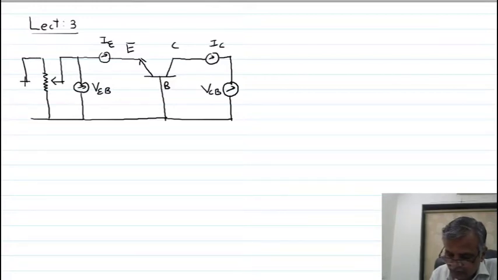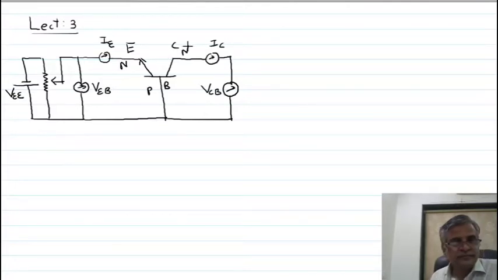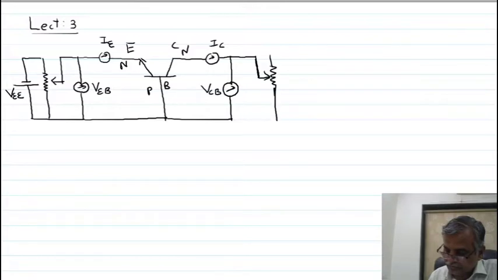You know that the emitter is kept in forward bias. This is connected to the negative because this transistor is NPN, and here the collector should be kept in reverse bias.